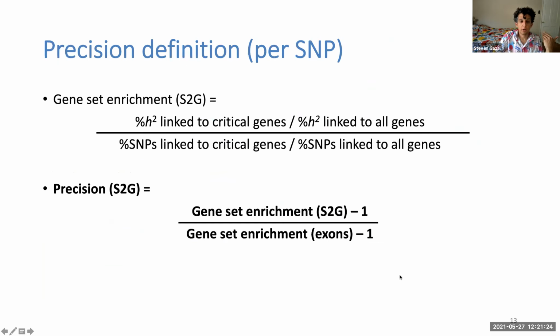Then we did some normalization to convert this ratio to a precision value between 0 and 1. To do that, we made the assumption that the exon SNP-to-gene strategy is perfectly precise, with a precision of 1. When you take that into account and do the normalization, you have a function that can be converted into a number between 0 and 1, and this will be our precision.